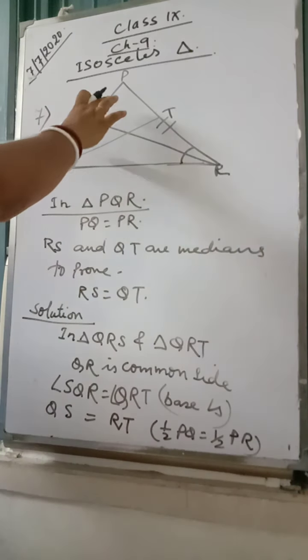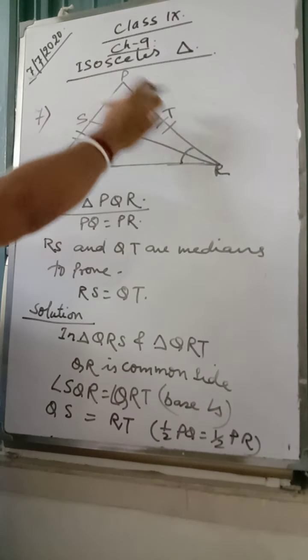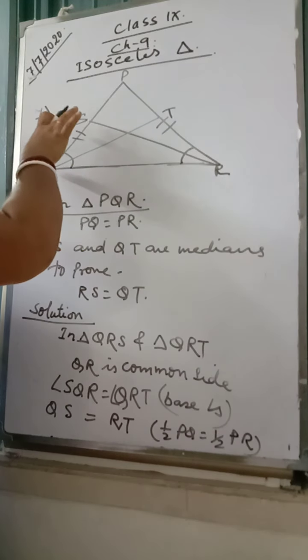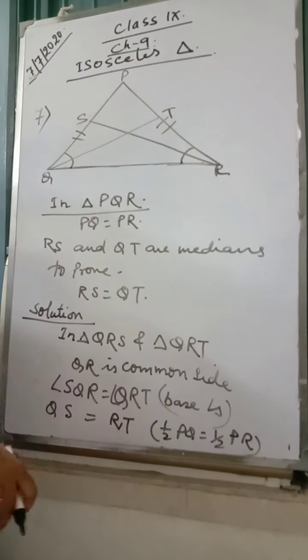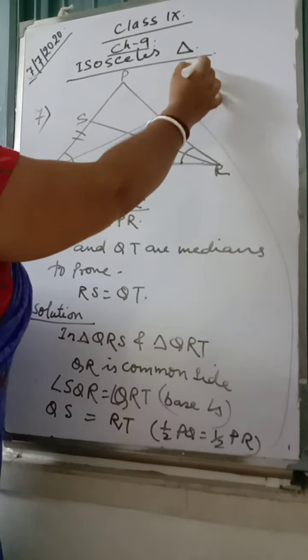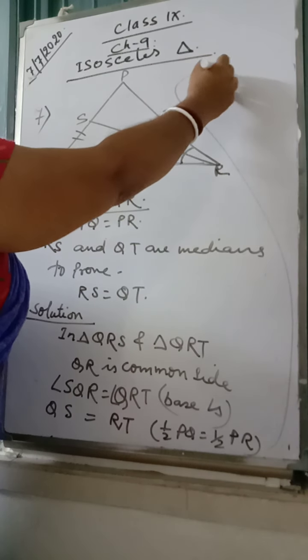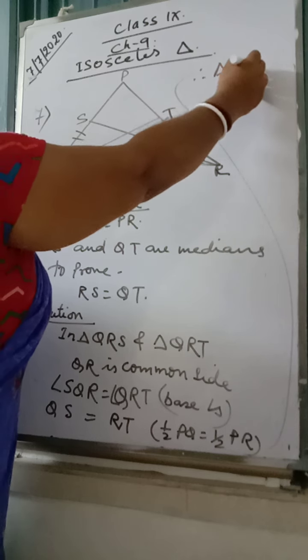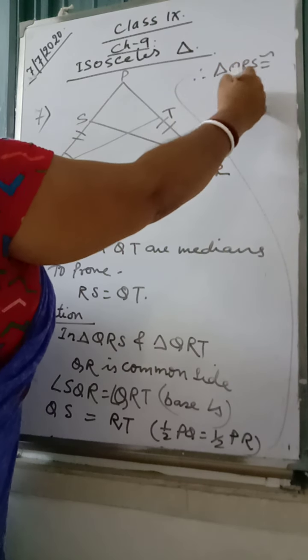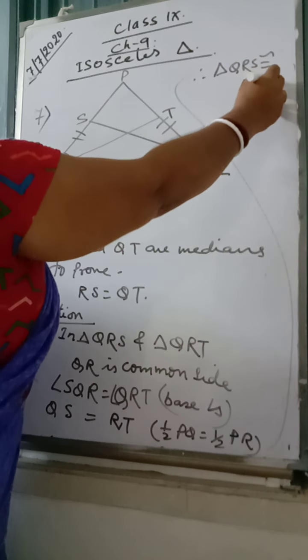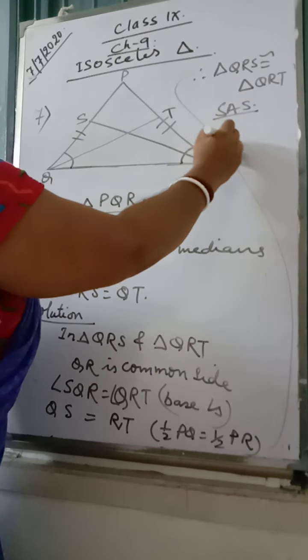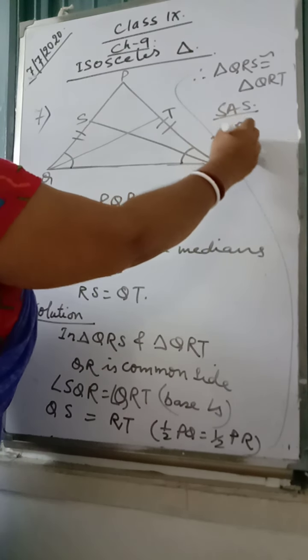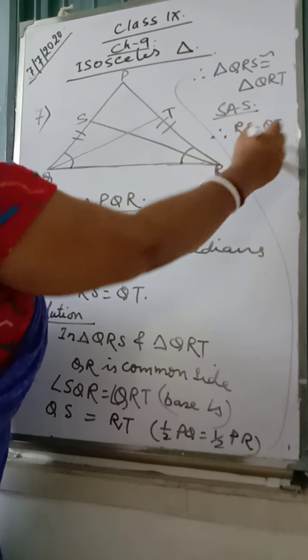As we know, PQ is equal to PR, so half of PQ is QS and half of PR is RT. They are equal. So therefore triangle QRS is congruent to triangle QRT, SAS condition. So we can write RS is equal to QT. Proved.